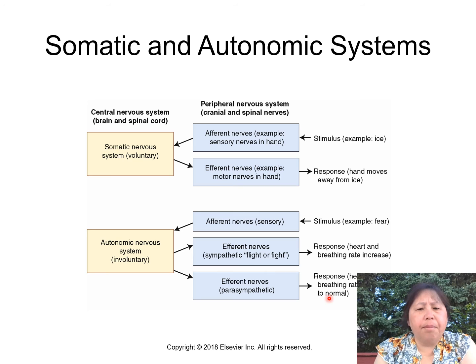Sometimes this is called your fight or flight phase that you go through. And then when you get into the rested state, it's called rest and digest, for your parasympathetic.